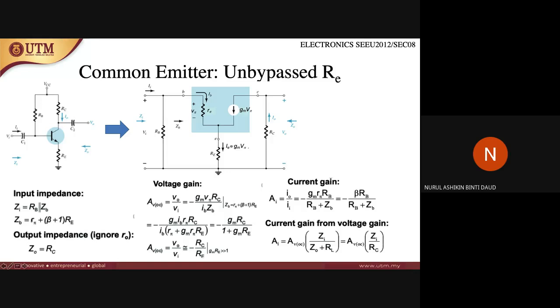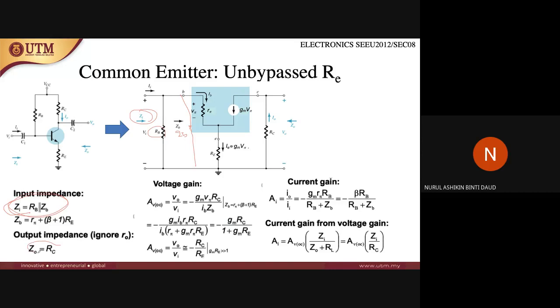So you get the ZB impedance. This ZB is like an imaginary resistor that is parallel-connected with RB, and then you get the value of the input impedance.